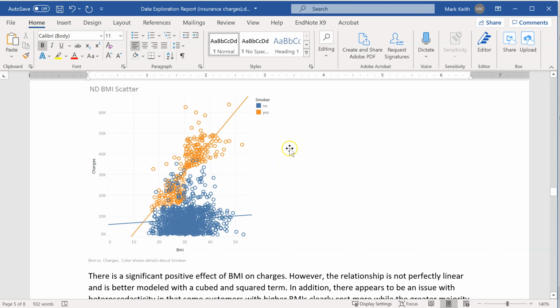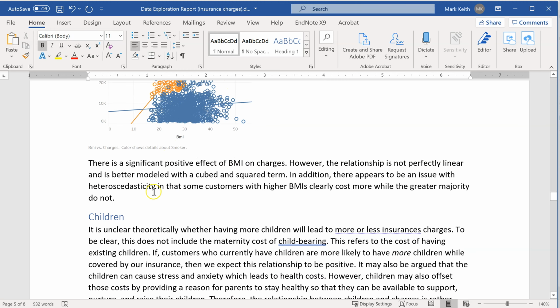So it's going to be a new column that will account for this difference in trend lines between these two. So I would include in the write-up here, there is also a clear interaction effect between BMI and smoking.